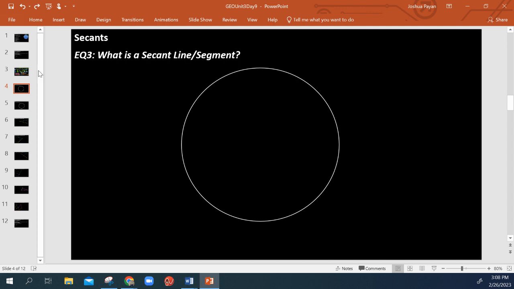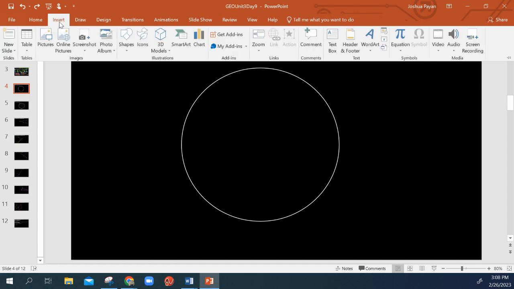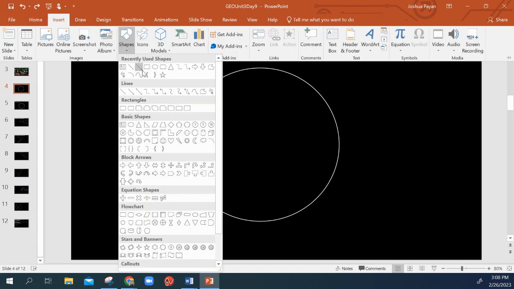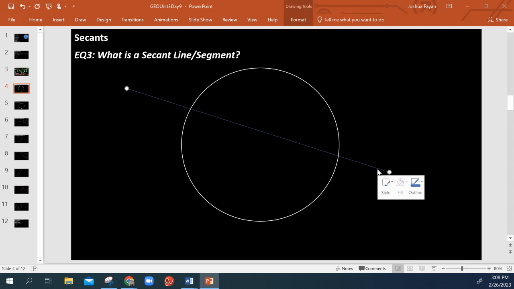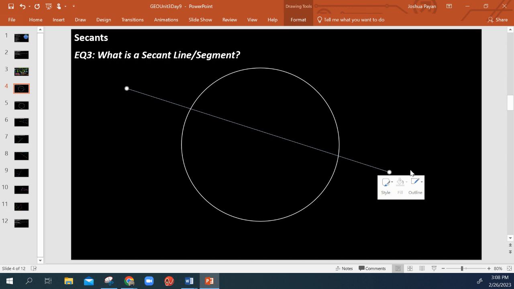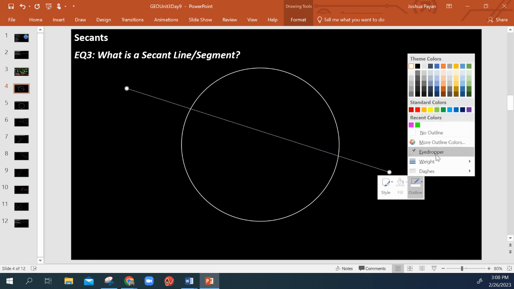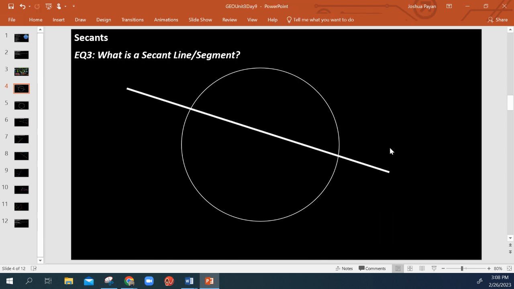Now we're going to talk about secant lines or secant segments. I'm going to use my mouse this time. A secant segment looks like this. What do we notice about it? Well, it passes through 2 points.